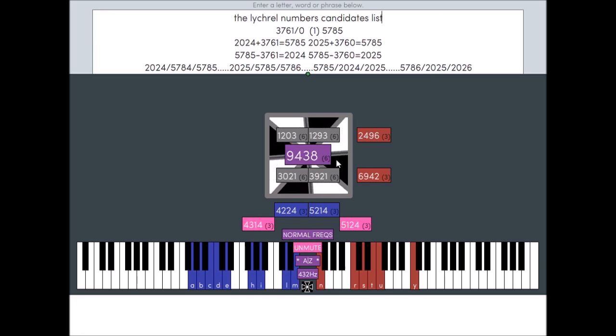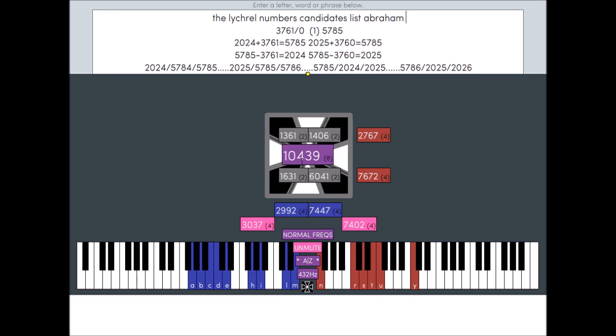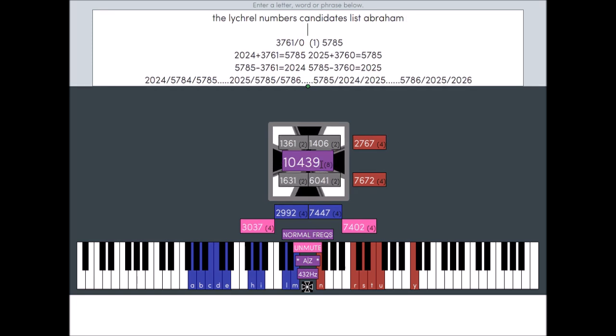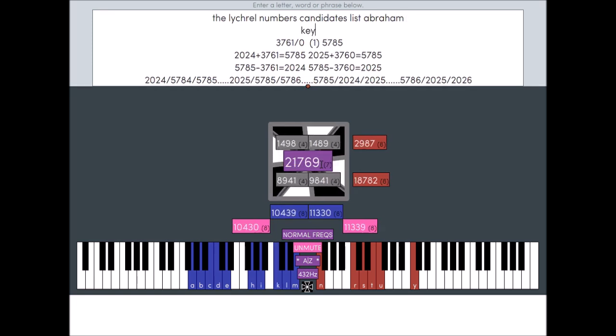And this is 1947 plus the reverse, 7491 equals 9438. And then Abraham, this is 1948 plus the reverse, 8491 equals 10439. And I was putting the key in there the other day, right? Now this shows a double anagram of 1948 and 1948, which is what was the whole deal.